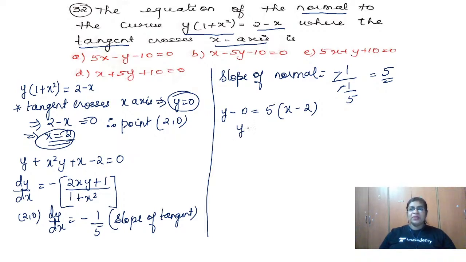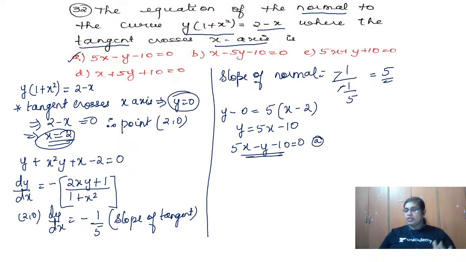So it is y is equal to 5x minus 10. Bring all to one side. So you are getting 5x minus y minus 10 is equal to 0. Which option satisfies? Look at the options A, B, C or D. It looks like option A satisfies. Okay, A option is your answer.